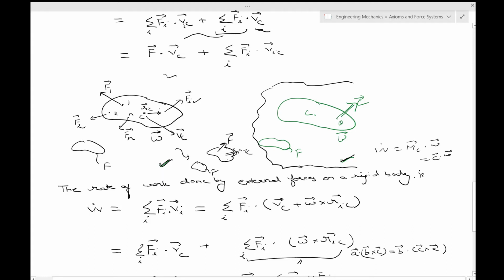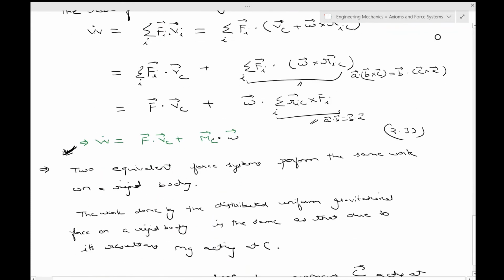Okay, so this is the equivalent force system for this one, and that's what you get in equation 2.33. Let me put that just to amend my correction. Let me do that over here. Okay, so there you have it.